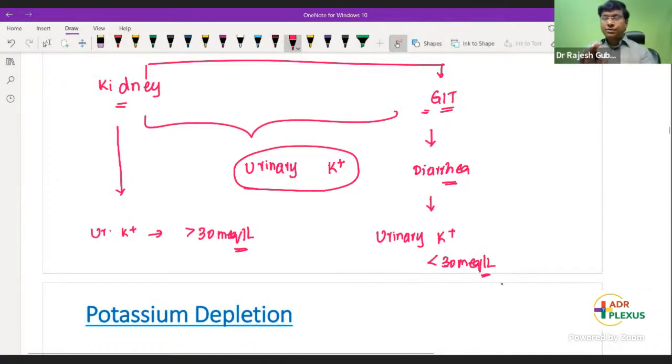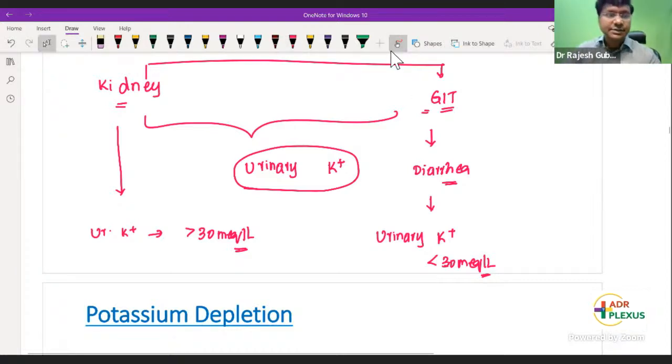So that is the importance of urinary potassium. If the cause for hypokalemia is potassium depletion, or potassium loss, then in order to make out the cause, you have to do urinary potassium levels. And there is also importance of urinary chloride, which I will discuss.